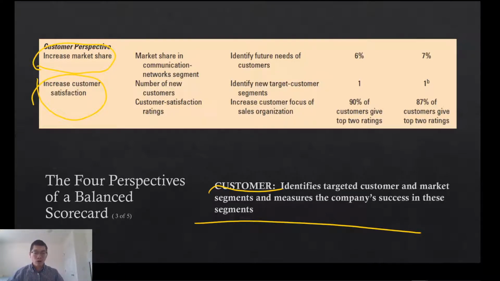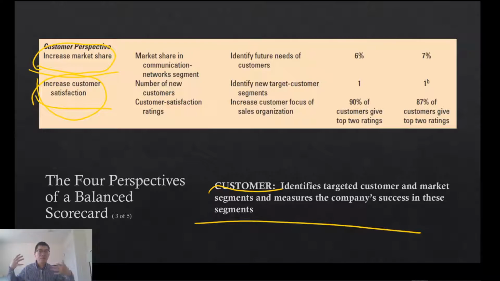Let's say we have a 10 billion market for our products, and out of this 10 billion market, now we have 20% of market share, which generates 2 billion in revenues, right? I want to extend our market share as much as possible. I want to increase my market share to 90% to realize 9 billion of revenues. We want to increase that because the more market share we have, the more profitability we're going to have, right?